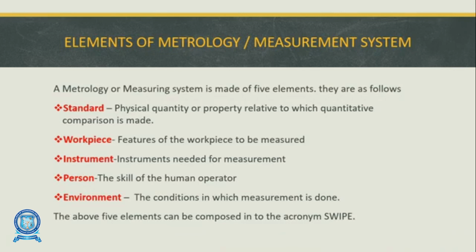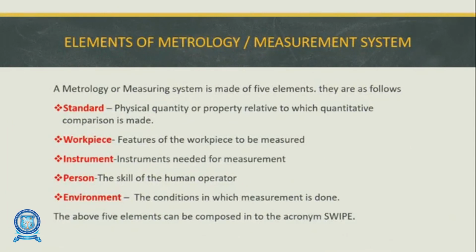To find out the physical quantities on a workpiece, we need some instruments to measure that physical quantity on the workpiece. So for that purpose we are using measuring instruments to find out the measurement.